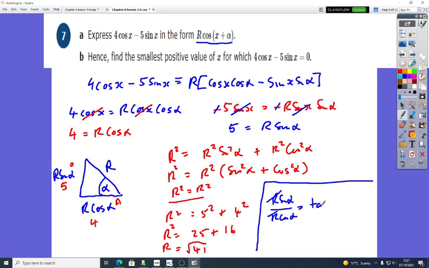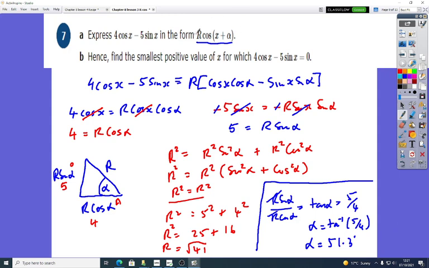That becomes tan alpha, which is the same as 5 over 4. And if I wanted alpha, you just take the tan to the other side, it becomes the inverse. Alpha would equal, and keep it in degrees, tan inverse 5/4. You get, to one decimal place, 51.3.